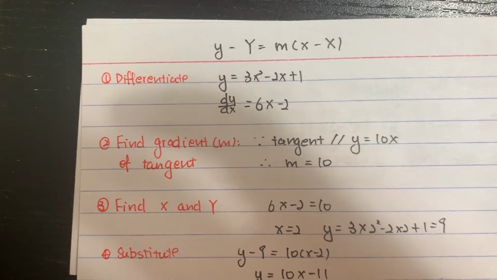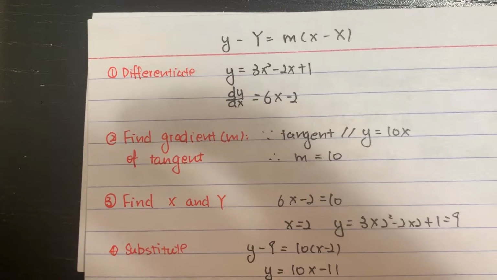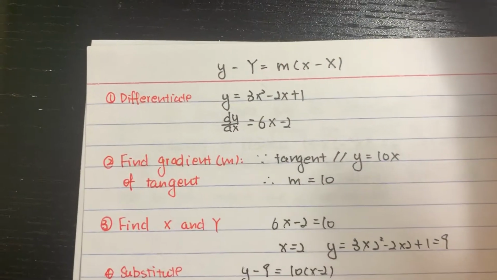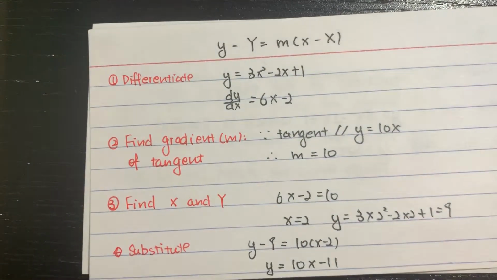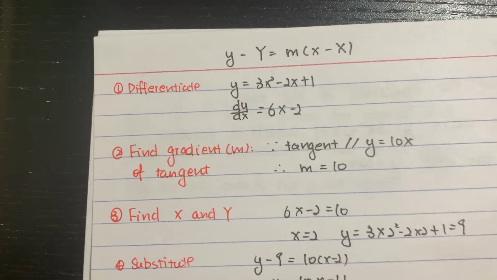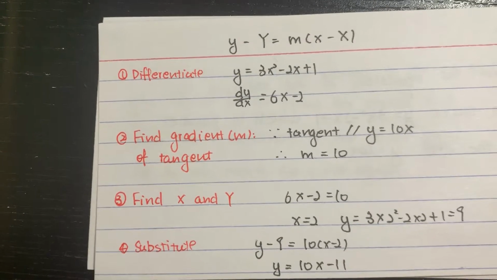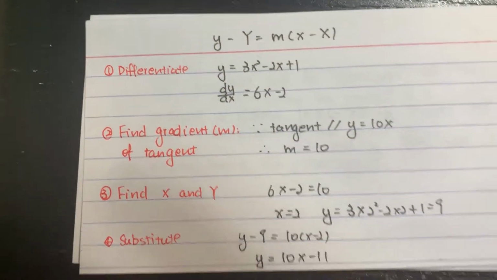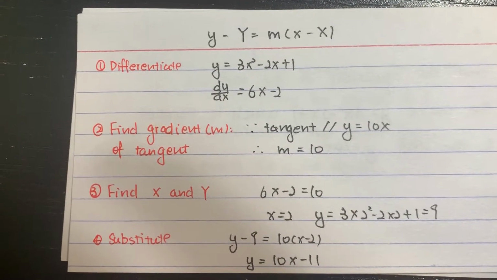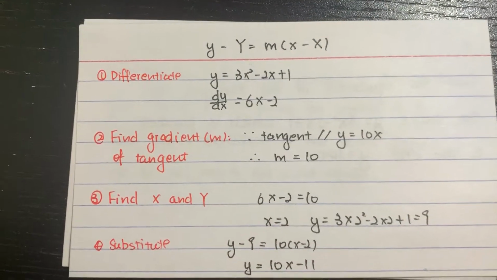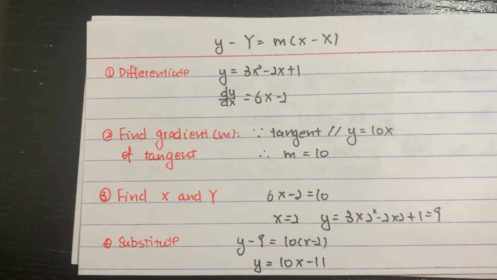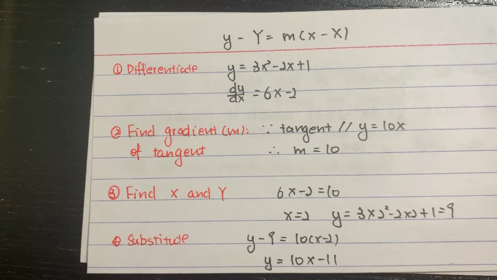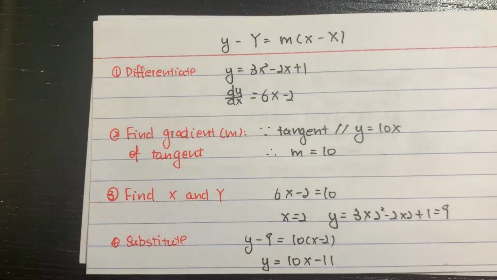And then we have to find x and y using the derivative function, because that point exists not only on the original function but also on the tangent line. That's the only intersection or similarity between these two functions. So you can find that point and substitute it into that top equation, and you find that the answer is y equals 10x minus 11.